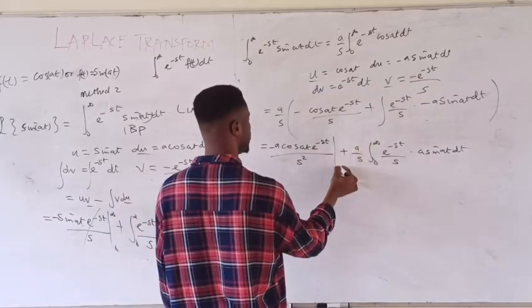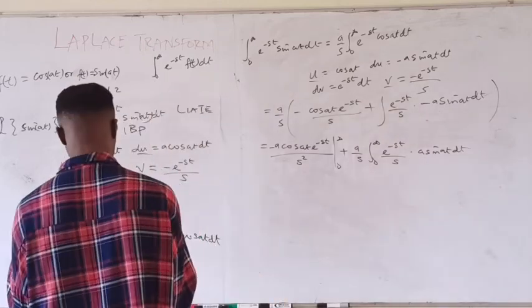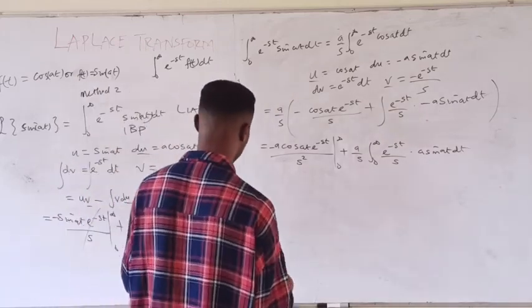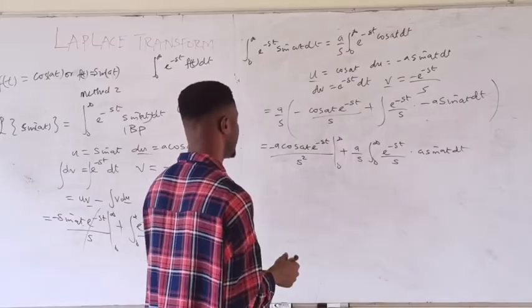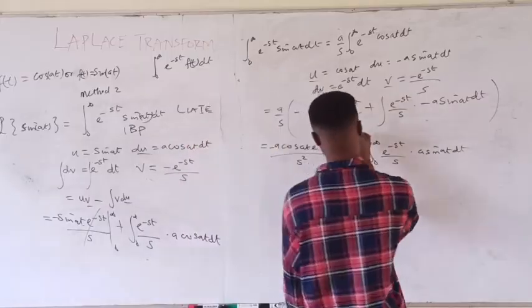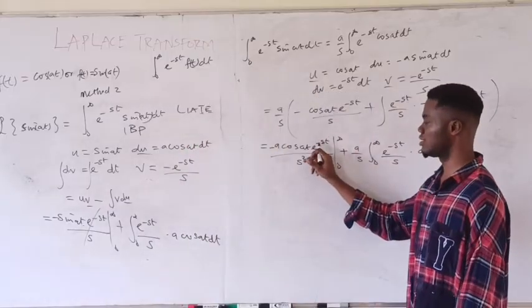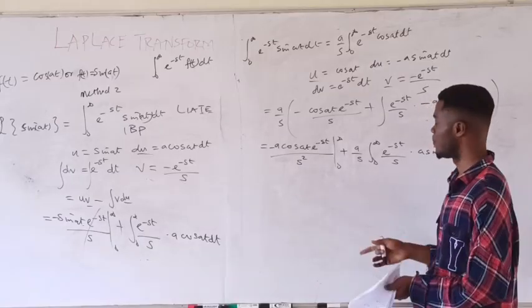So I'm going to also impute my limit from 0 to infinity. If I impute infinity into this function, since the exponent has a negative, we are going to have 0.